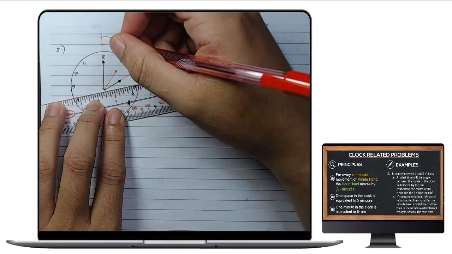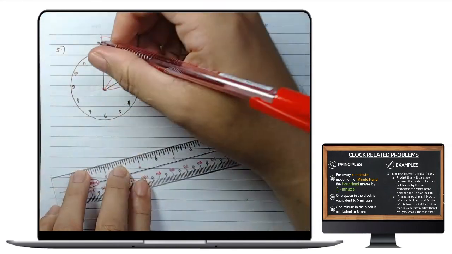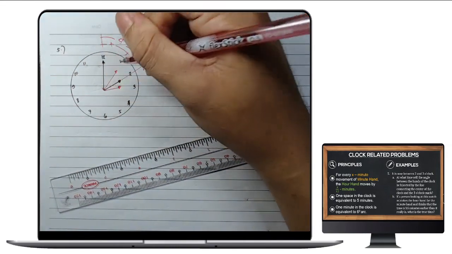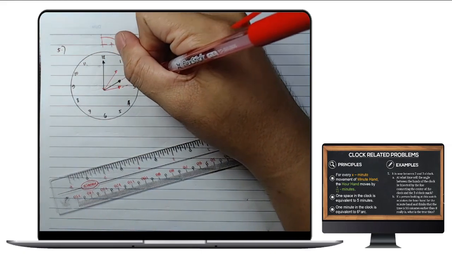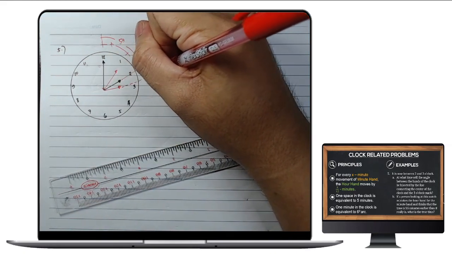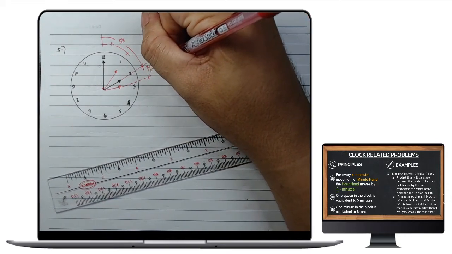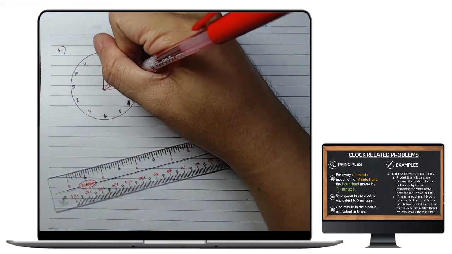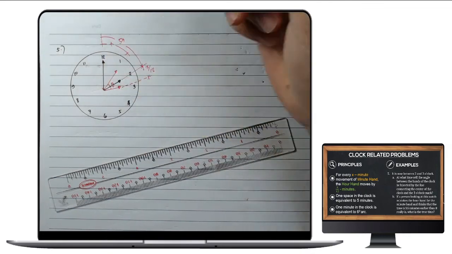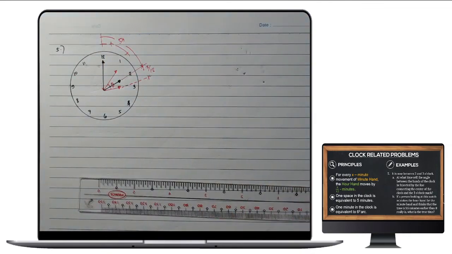Then, yung naging displacement niya after some time, so itong portion na ito, here is x over 12. And here is your theta.